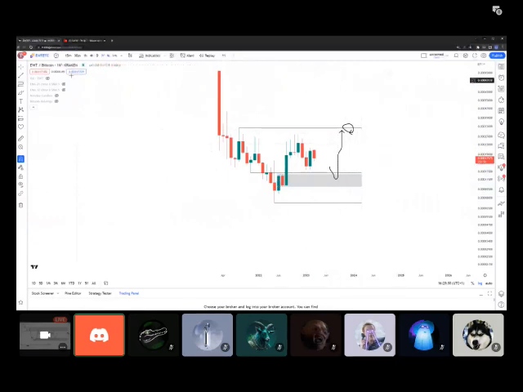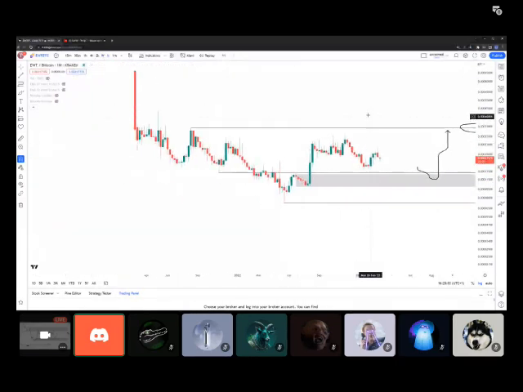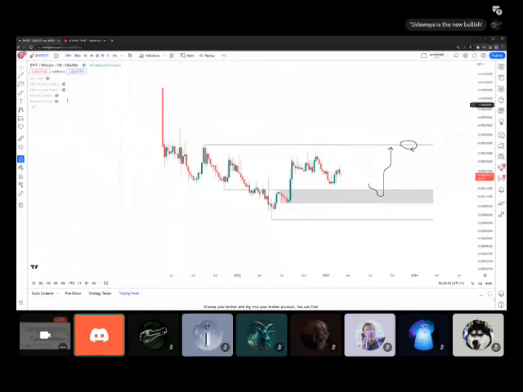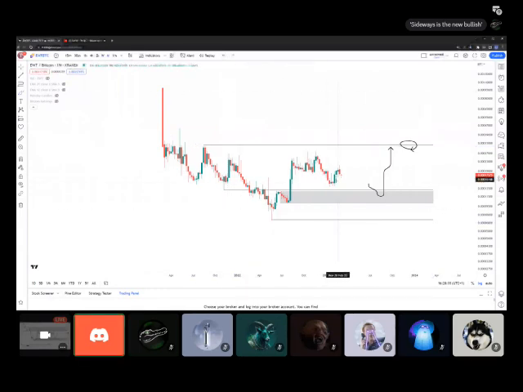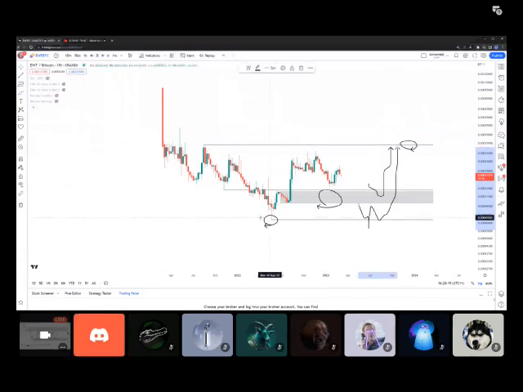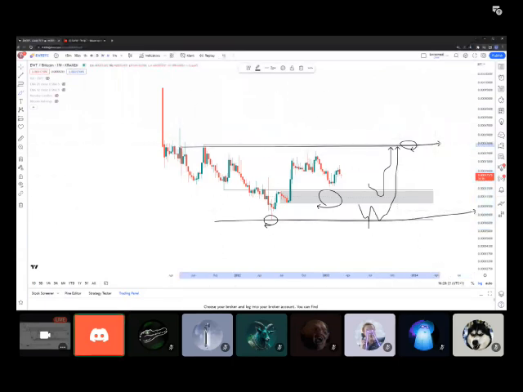It's completely fine. Could be a potential higher low on the macro perspective, but overall just range bound, just consolidating. And as long as we hold above the zone, and especially, we should not lose this low. We may deviate below, but we should not lose it. We're just range bound, just consolidating.